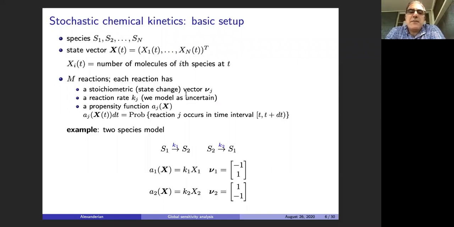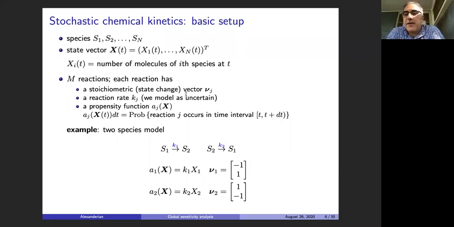I have n chemically reacting species. The state vector that I consider is X, where each component of X indicates the number of molecules of the ith species at a given time. I have M reactions. Each reaction has a stoichiometric or state change vector that tells you what happens if the jth reaction happens.